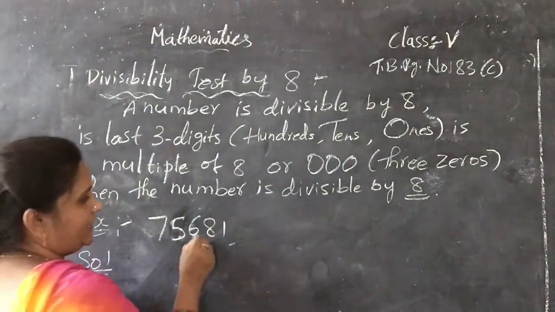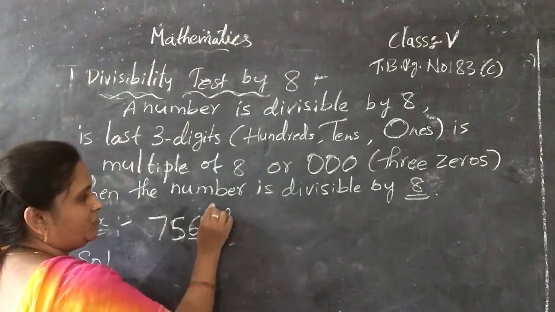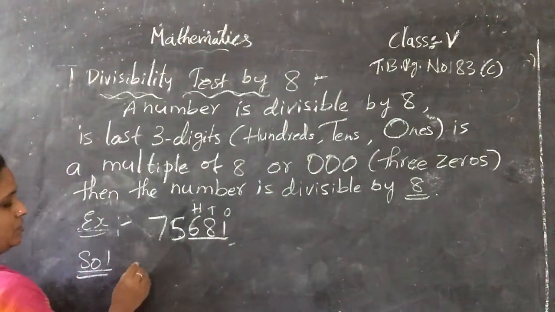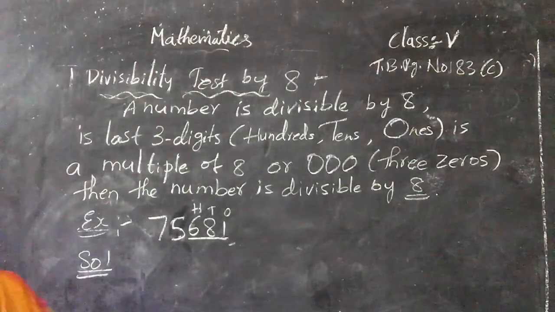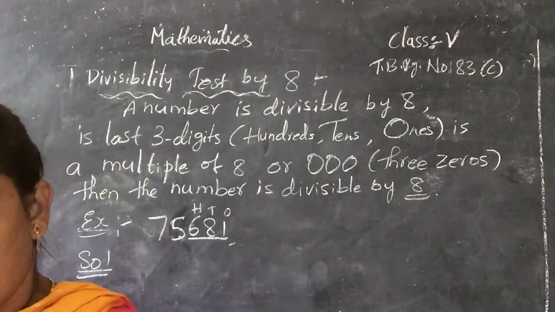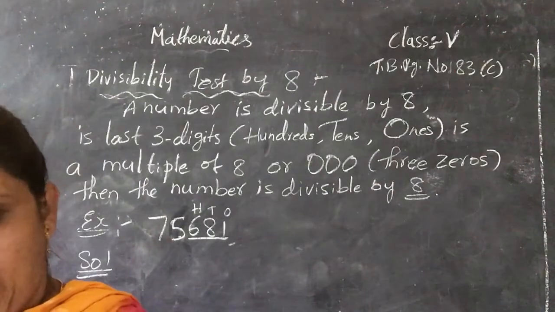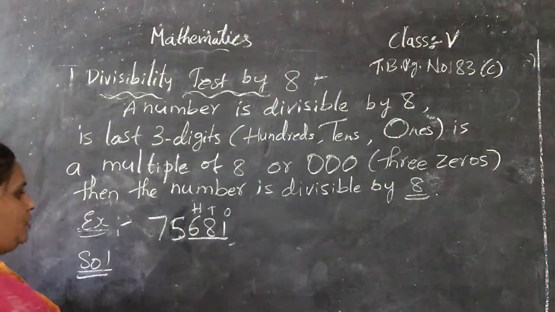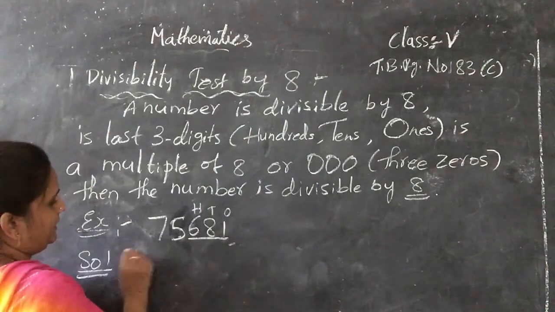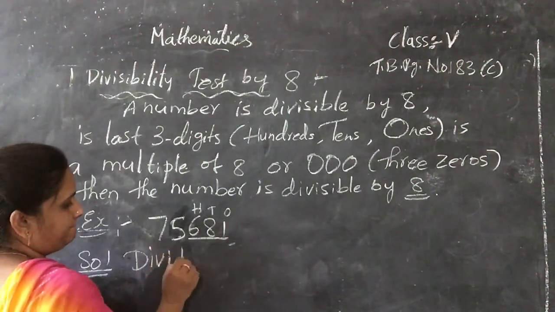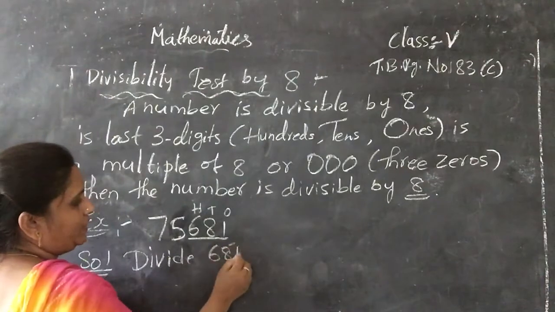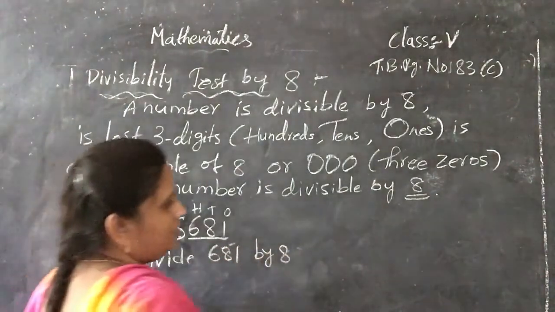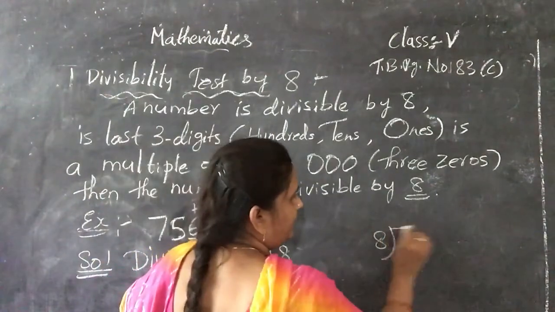Solution: first underline the last 3 digits and write place values, ones, tens, hundreds. Okay. Now, divide the last 3 digits with 8 until you get 0. Okay, so divide 681 by 8. So do the division, children, with the 8 table.